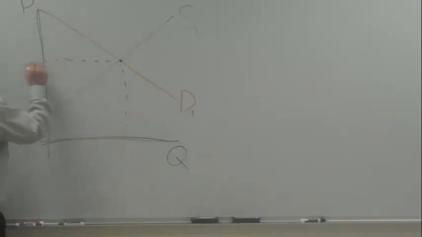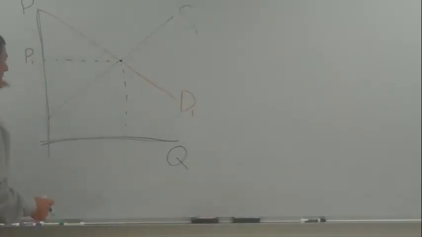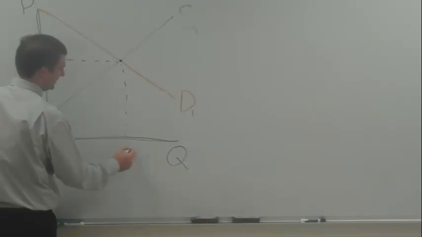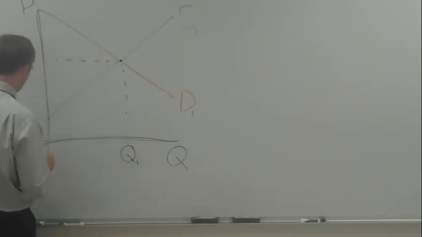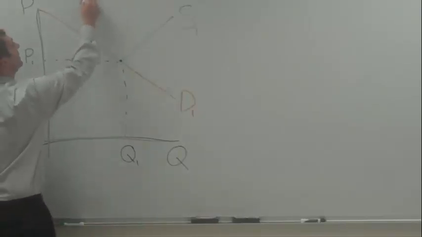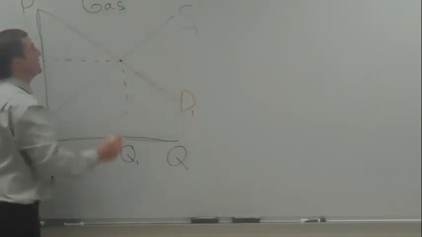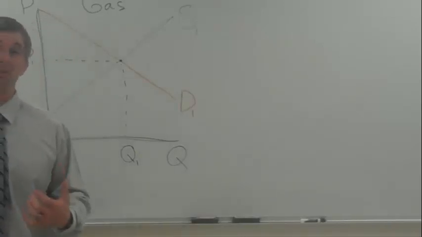Now, with this price equilibrium, you will be able to see that it intersects at a certain point on the price axis, or y-axis, and on the x-axis, it also intersects at a certain point. I'm going to label these P1 and Q1. Let's just say that we're talking about gasoline. Not the barrels of gasoline, the natural resource, but the actual gasoline you put in your car.